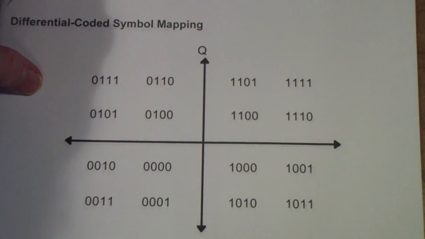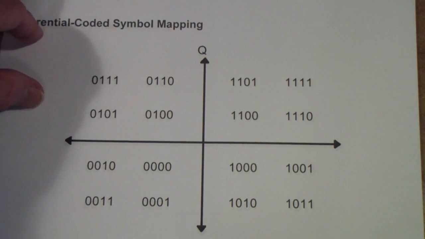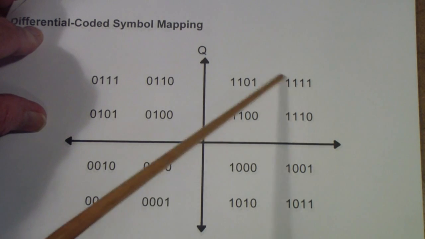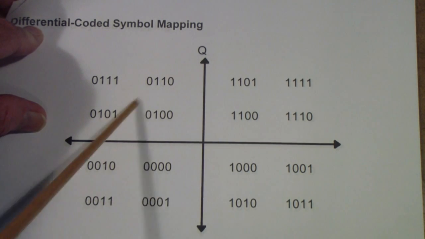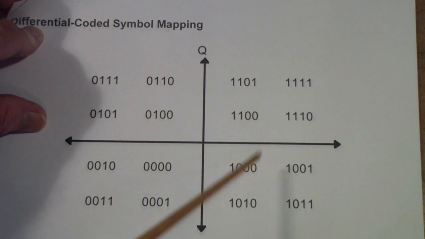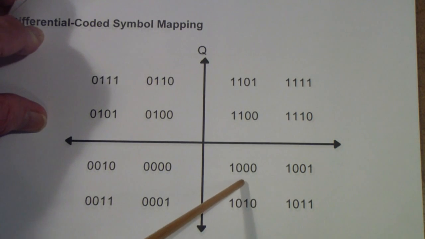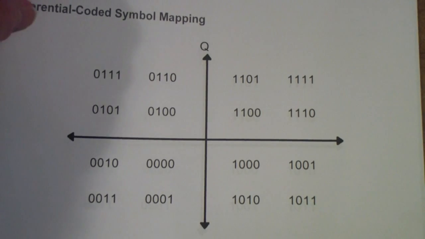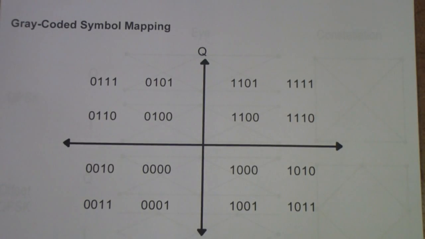Another way is called differential phase shift keying, and in that you code the constellation in a way that you only change one symbol at a time. And you'll see this in a little bit because there's a relationship between this and what I am going to show you, which is minimum shift keying or coherent frequency shift keying.